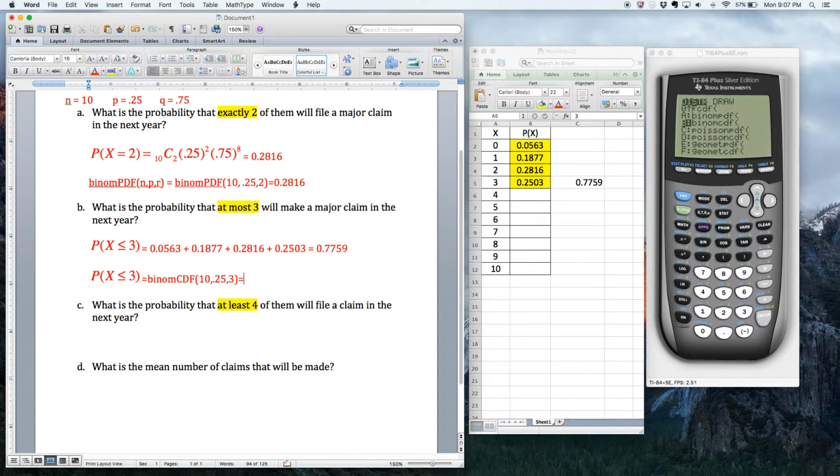Now, you're probably looking at that saying, well, how is that different than the one above it, when I put a 3 in letter A, instead of like this is X is 2, and it worked out the probability of only 2. Well, when you give the CDF function a 3, it doesn't just work out 3. It works out 3, 2, 1, and none. In other words, 3 and backward, or from a cumulative standpoint, from 0 up to and including 3.